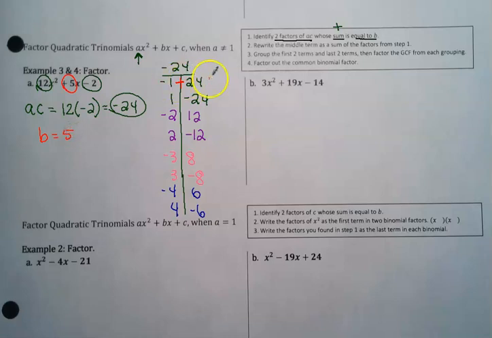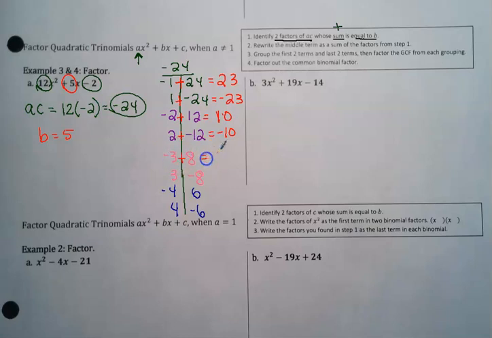So -1 plus 24 would equal 23, whereas a -1 plus -24 would equal a -23. These are vastly different numbers, but very similar at the same time. So let's keep going and checking these. -2 plus 12 is a +10. 2 plus -12 is a -10.